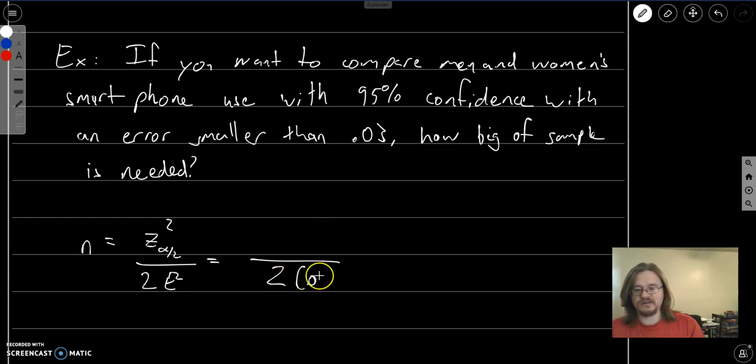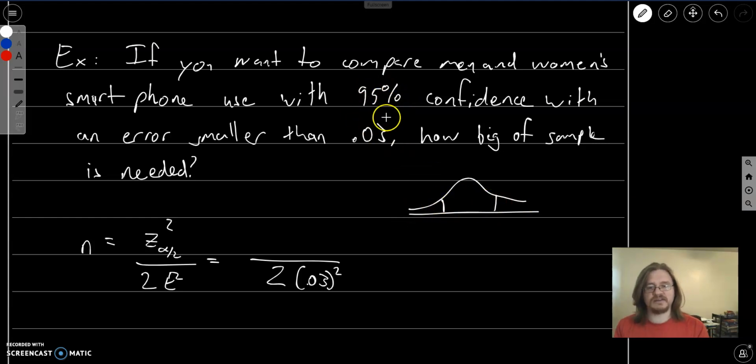E, our error, is given to us. The only thing that we have to find is our z-score, which, if we're at a 95% confidence level, that means that we want 95% confidence in the middle, which means that I want 2.5% on either end.